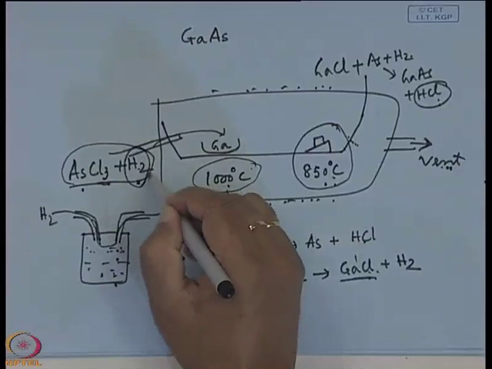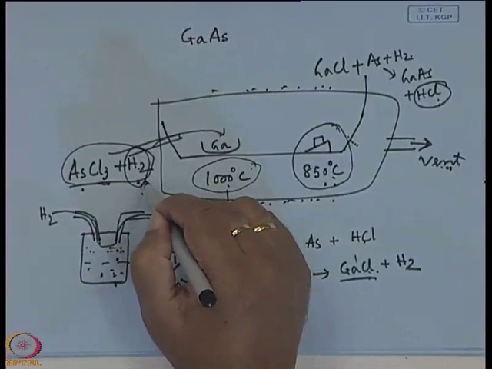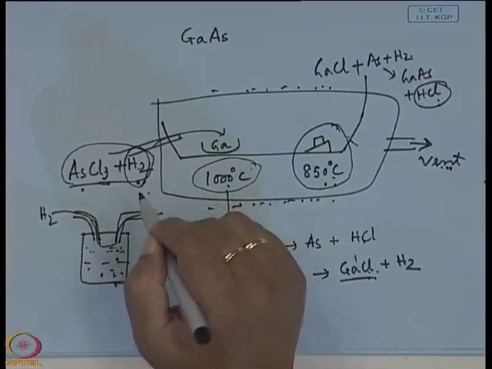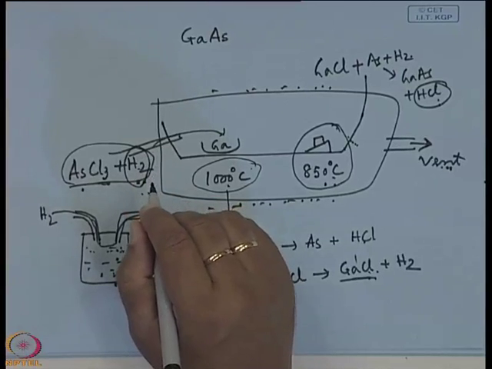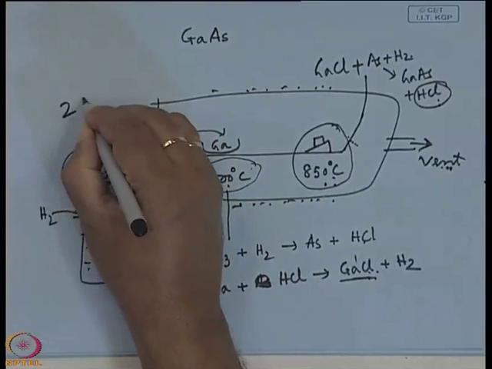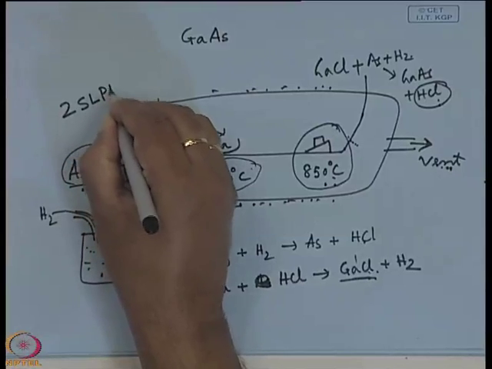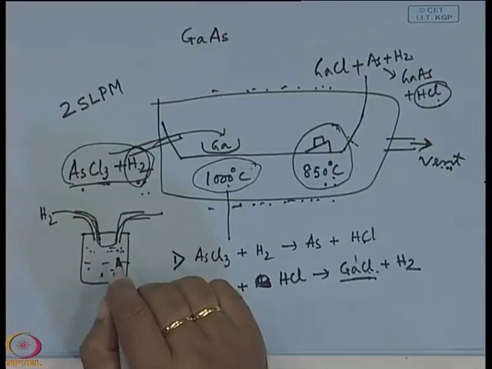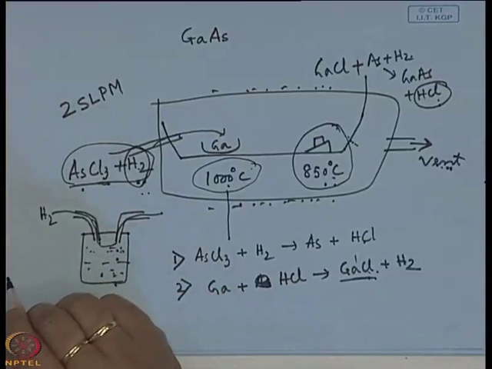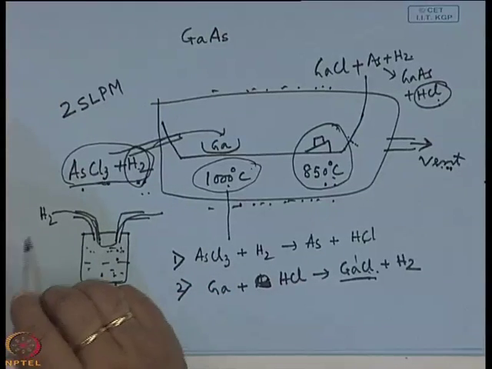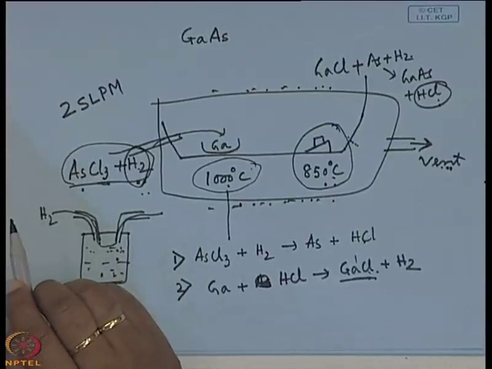Normally, I am talking about this hydrogen. You know what is the flow rate of this hydrogen? The flow rate of this hydrogen is typically 2 SLPM. What is SLPM? Standard liter per minute. Per minute 2 liter of hydrogen you have to flow through the bubbler.